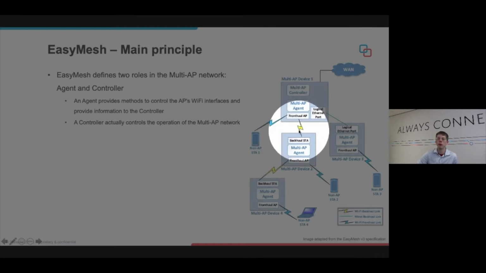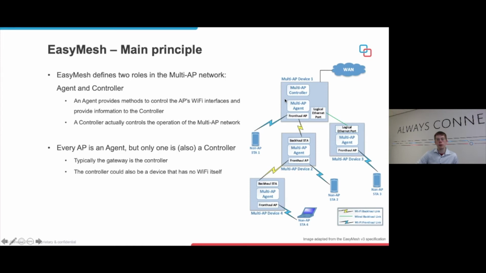You can see here the lightning marks mean wireless connection. So these two are connected over a wireless interface, these ones as well. Here's one we have connected over an Ethernet cable. And then you can see there are various clients here, in this case, three things that look like a mobile phone or a tablet and a laptop connected, of course, these days all wirelessly to the network.